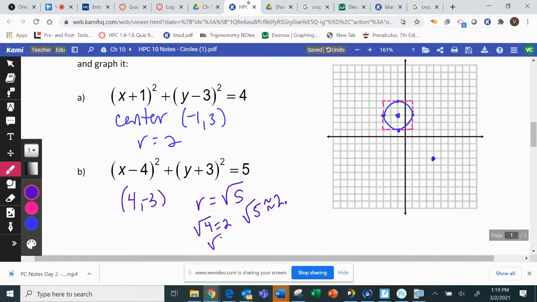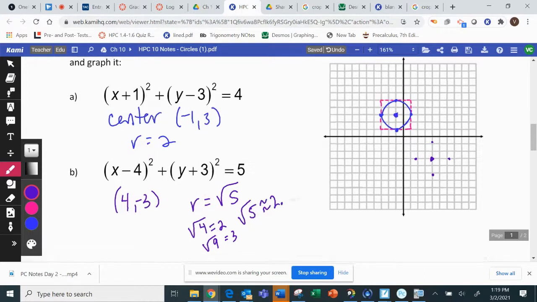The next square root is 9. 2.2 maybe. And how accurate could I really draw 2.1 or 2.2 or 2.3? They're all going to look like the same thing anyway. So I'm just going to make it a little bit more than 2. Save myself a little bit of effort, not have to open up my calculator.